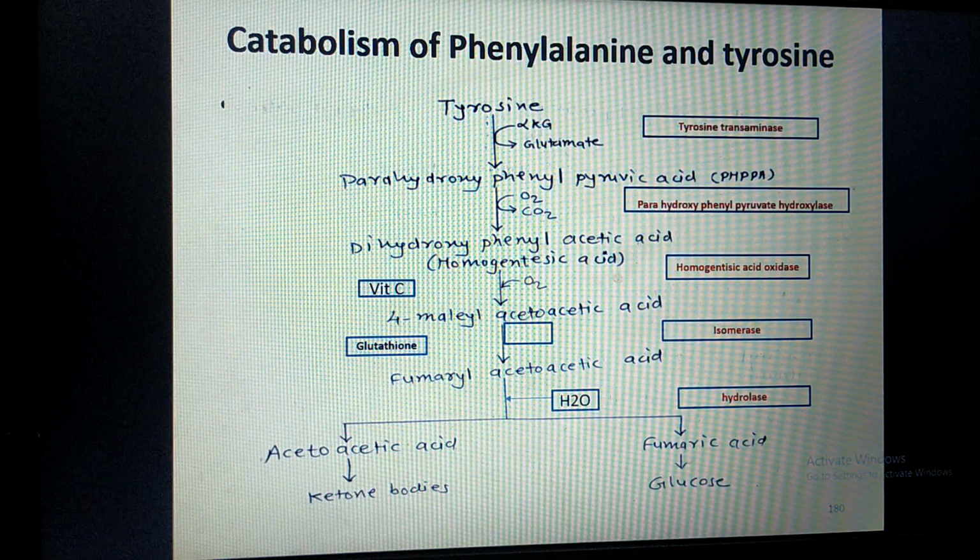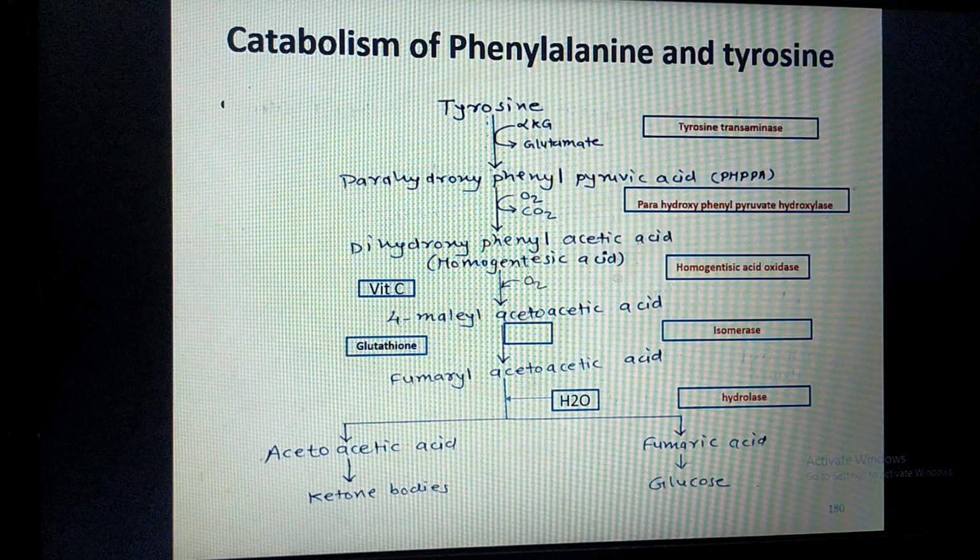So here two products are dihydroxyphenyl acetic acid and carbon dioxide. The enzyme breaks the oxygen molecule into two atoms. One oxygen atom is added into the product dihydroxyphenyl acetic acid, and one oxygen atom is added to the carbon to form carbon dioxide.